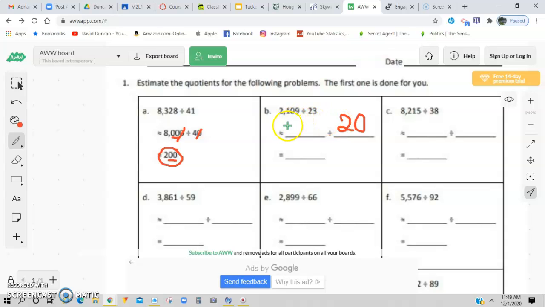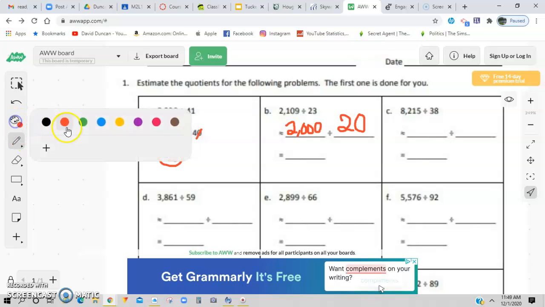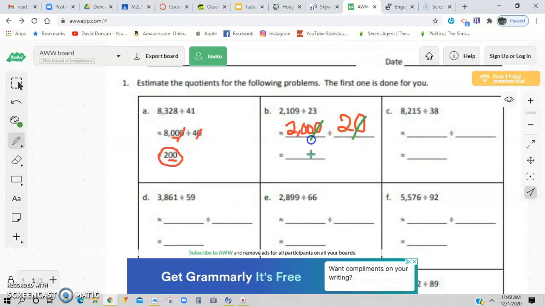So I'm just going to round it to 2,000. I'm going to get a different color here. We get green. Now I'm going to cross out the zeros that they share. They only share 1 zero. 2 divided by 2 is just going to give me 1. I have 2 zeros left in my problem, so I'm going to have 2 zeros left in my answer. So my estimated quotient is going to be 100.